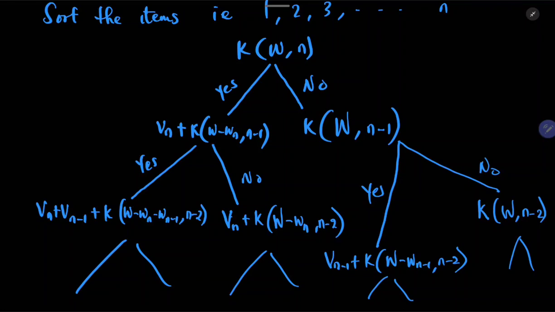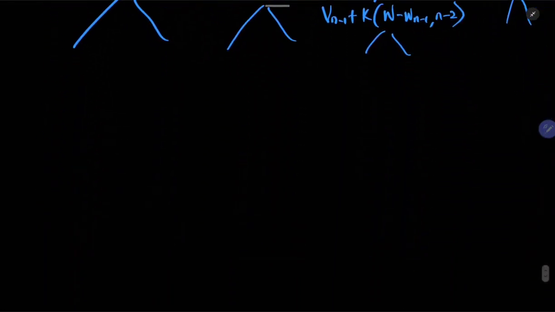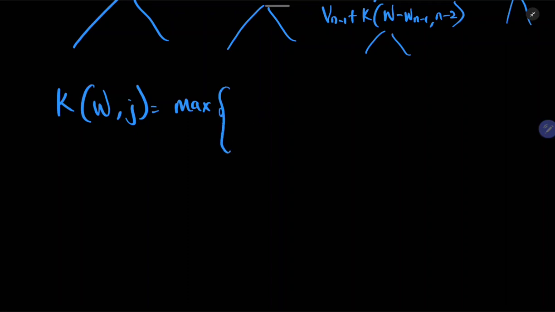So let's write this down. This can be written this way: the knapsack that has a full capacity of W and J items will be the maximum. Remember, the objective when you solve a 0-1 knapsack problem is to fill your bag with items that have the most value.